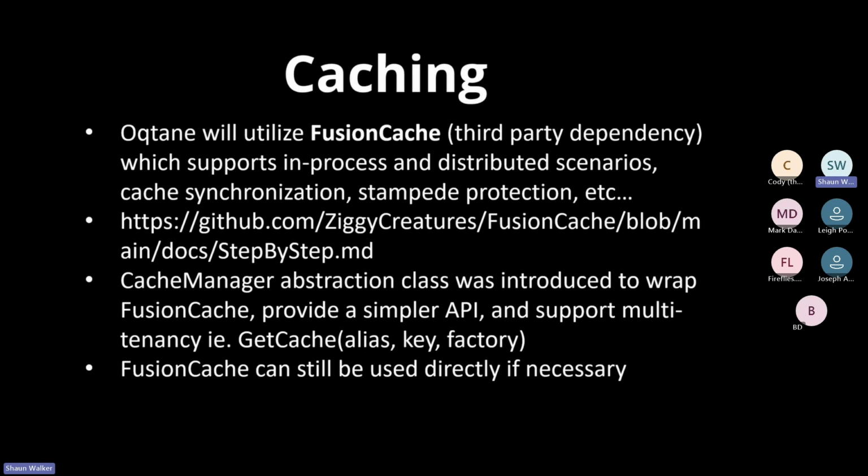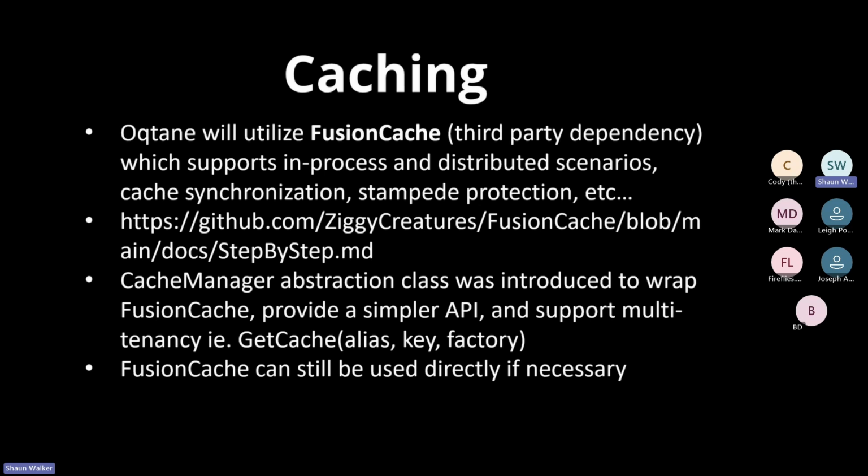As an example, this would be an API method called getCache, where you pass the alias, and of course, there's the tenant manager to get the alias. If you pass that alias into getCache, it will format the cache key in a standardized way. Because when you think about caching, you have to understand that the cache is one large shared memory resource that the entire application installation is using.